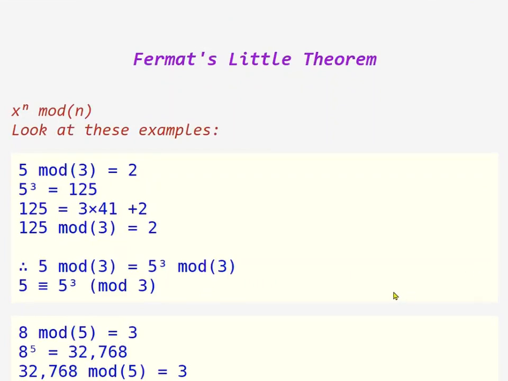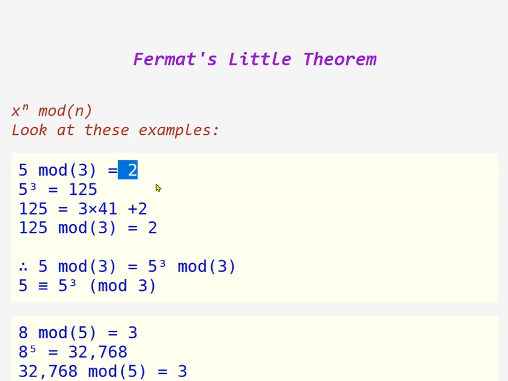Now, I mentioned before Fermat's little theorem. Again, there's a lot of information you can look up about this, some very good YouTube presentations about it. We're considering x to the power n mod n. See these examples. 5 mod 3, that's 5 divided by 3. What's the remainder?